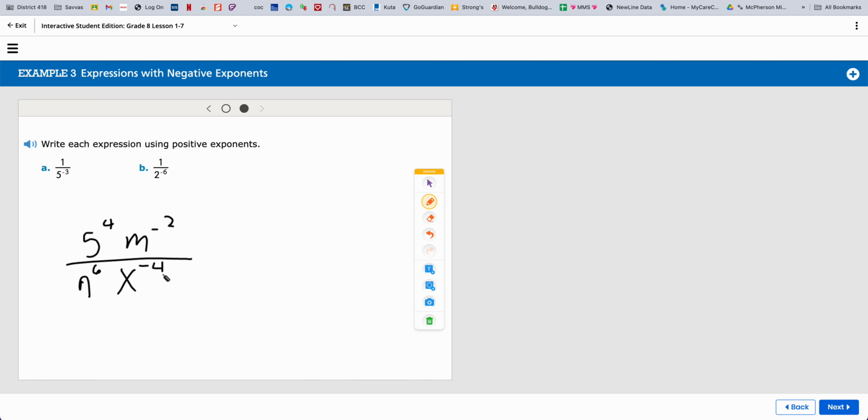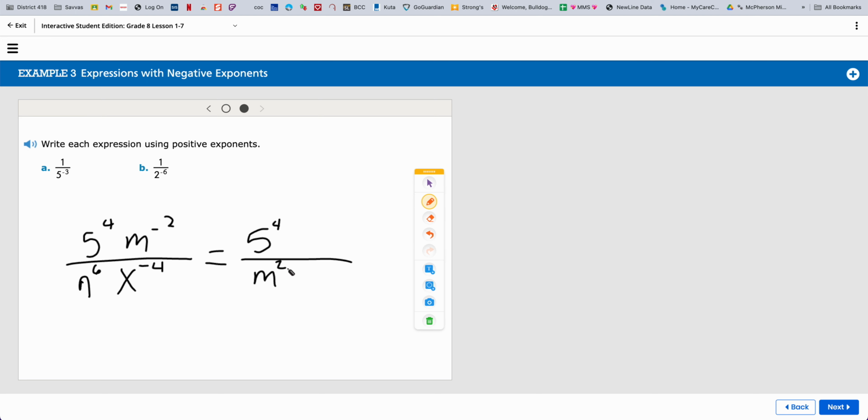Let's look at one term at a time. What happens to 5 to the 4th? It stays where it is, because it's a positive exponent. What about m? It's got to go to the bottom. So I need m squared to go to the bottom.